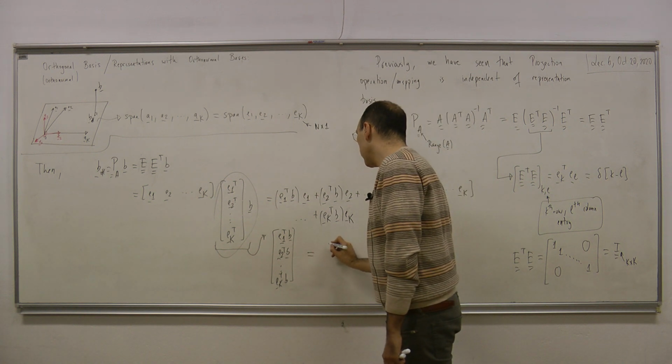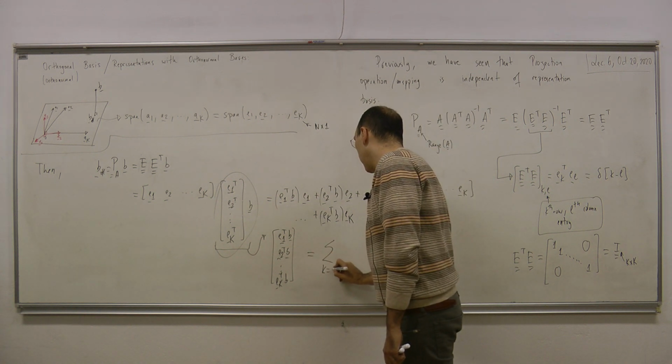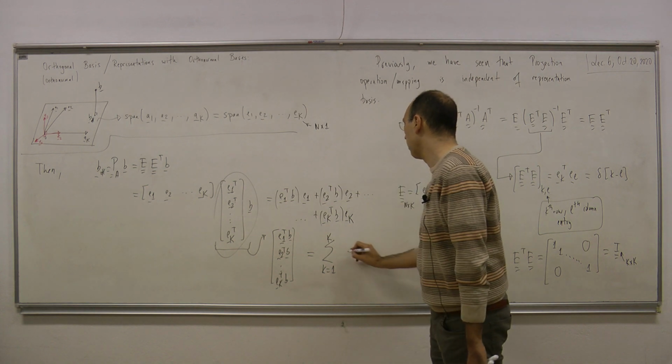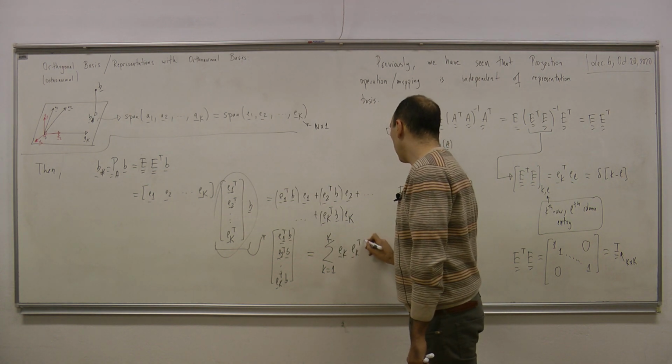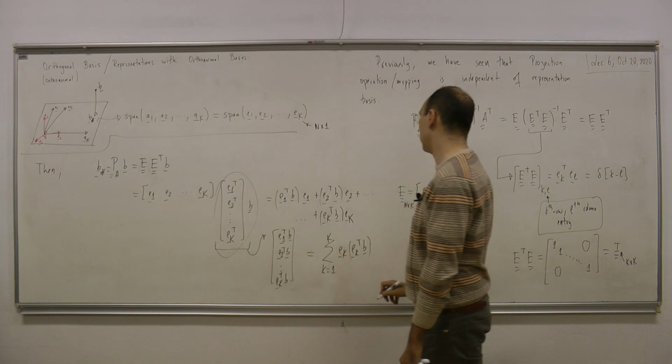So I can also write this as the sum for k ranging from 1 to capital K of EK times EK transpose B. That is it.